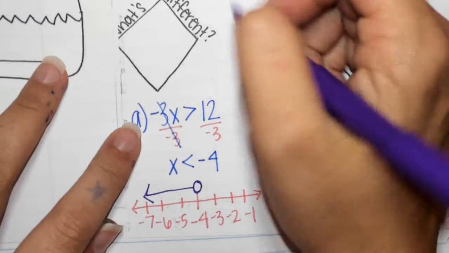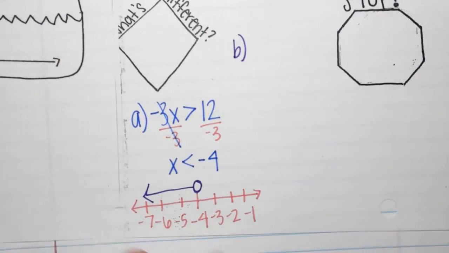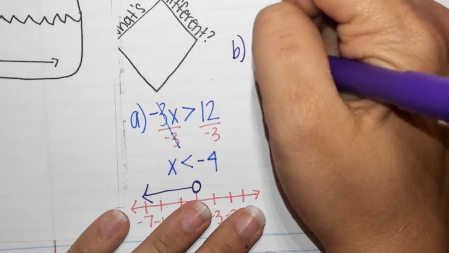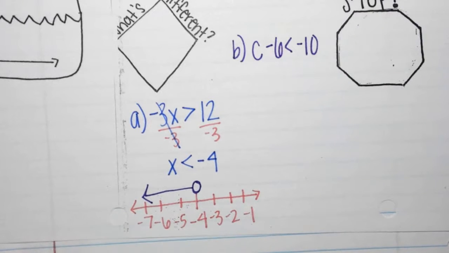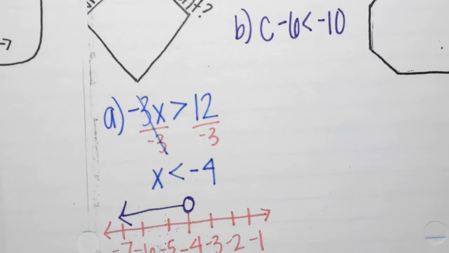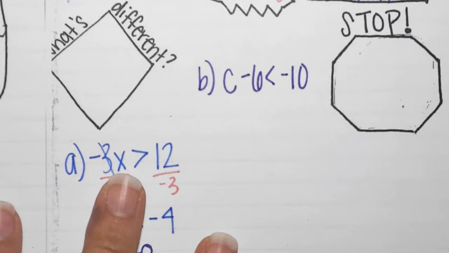We're going to draw B up here because we can. So let's say c minus 6 is less than -10. Steven, is that better?